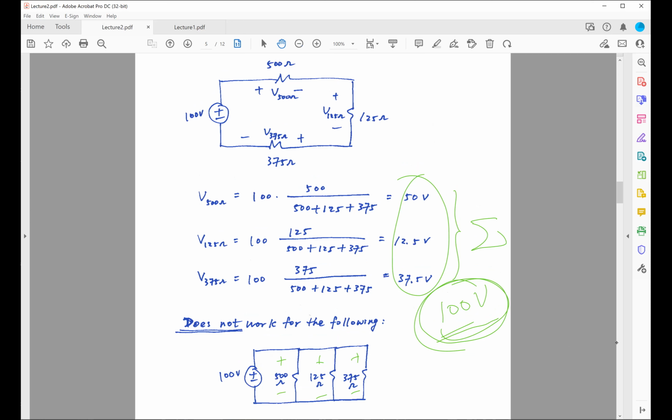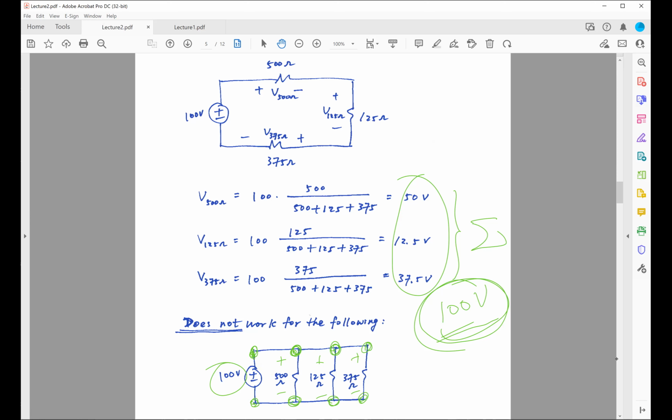And the reason is, since these circuits are hooked up in parallel, the voltage dropped across each of these resistors is already known. And that voltage simply is equal to 100 volts. The voltage drop between this point and this point, between this point and this point, between this point and this point, is the same as this and that.